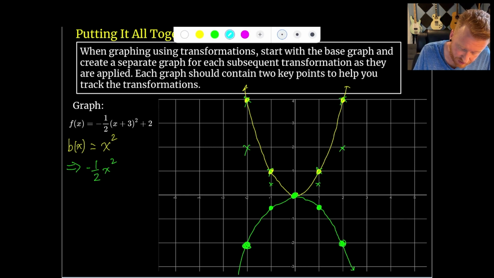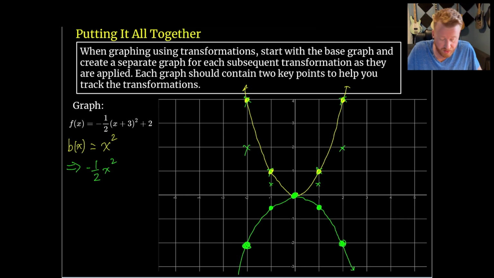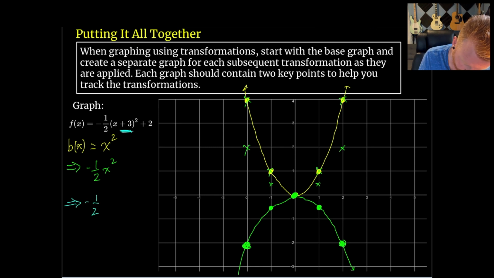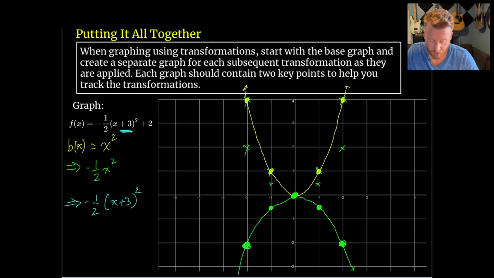All right, in the next step here, let's deal with shifting this thing horizontally. And since this is x plus 3, what that means is that we are going to shift it to the left by 3 units. And the horizontal portion is usually the more counterintuitive bit. So what we'll be doing in this next step is negative 1/2 (x plus 3) squared. So that means that every point here that I've looked at is going to get shifted to the left by 3 units.